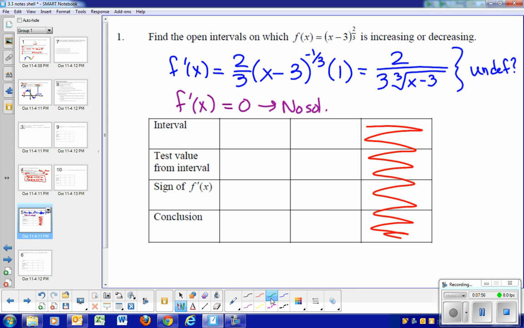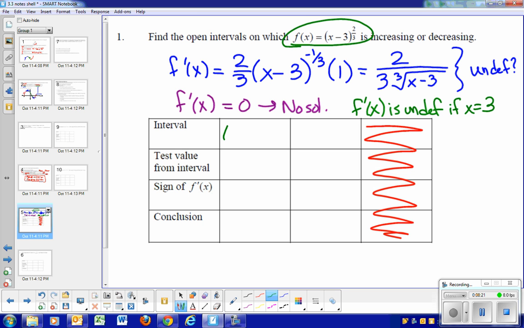And dividing by 0 is going to be caused by x being equal to 3. So f prime of x is undefined if x equals 3. So out of those two cases, the derivative being 0 and the derivative being undefined, I only have one critical number, which is 3. The domain of my original function is all real numbers.